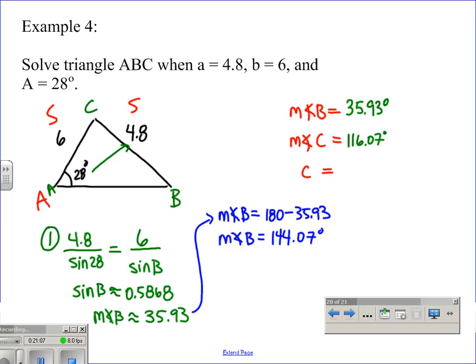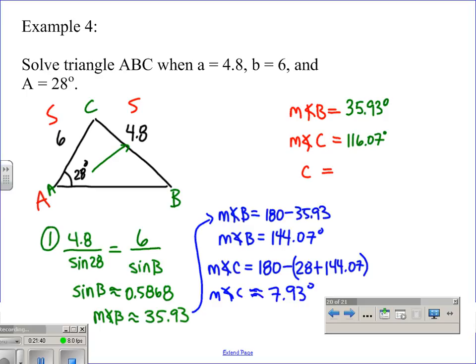Now we've got to figure out whether or not this works. I need to look at the measure of angle C. The measure of angle C is going to be 180 minus the sum of the 28-degree angle we already have and the 144.07. If I do that, I find out that the measure of angle C is about 7.93 degrees. And so it works out.